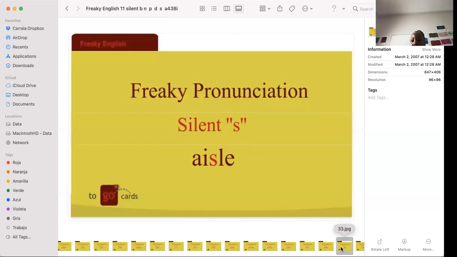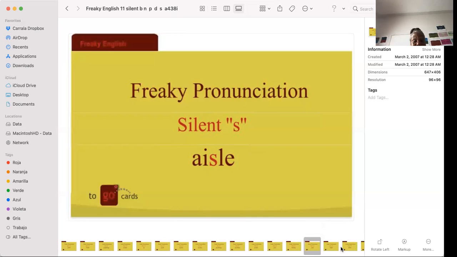I know you're saying, how can uppercase I, apostrophe LL, sound the exact same as AISLE? That's the magic of English. AI has two pronunciations, it's either the A or the I. Then you have the LE. That's how.